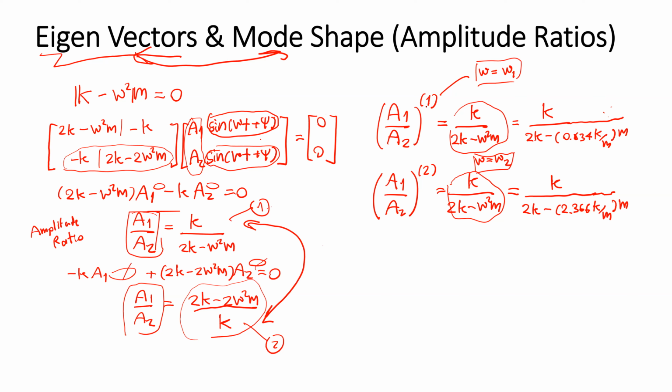The mode 1 and mode 2 mean you use omega 1 or you use omega 2. It doesn't mean it comes from equation 1 or equation 2, because equation 1 and equation 2 always give equal values if you put omega equal to the natural frequency. So you can select just one.